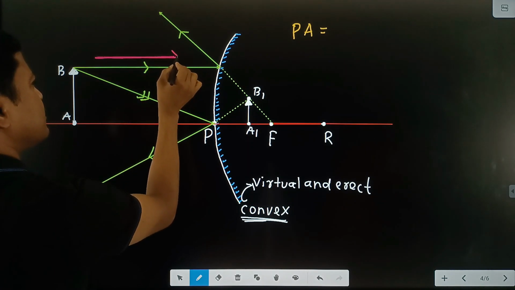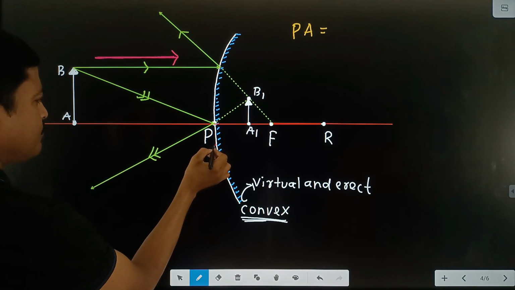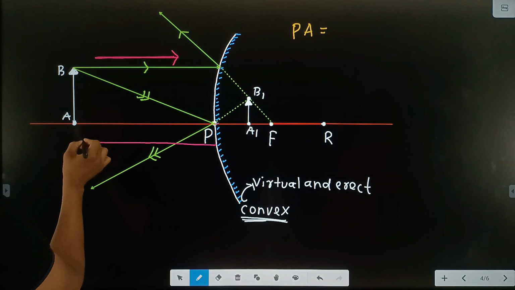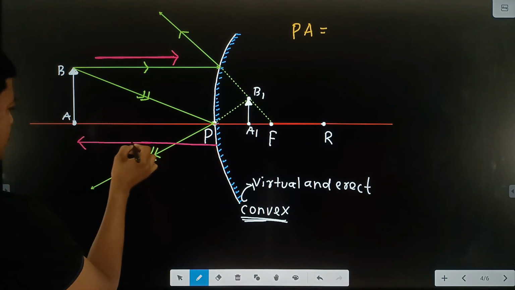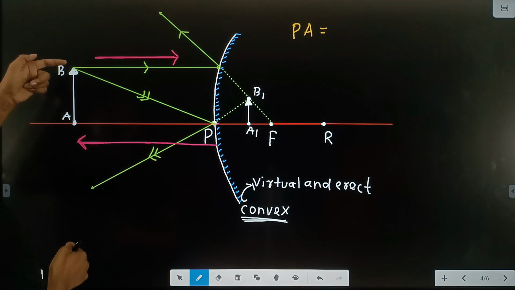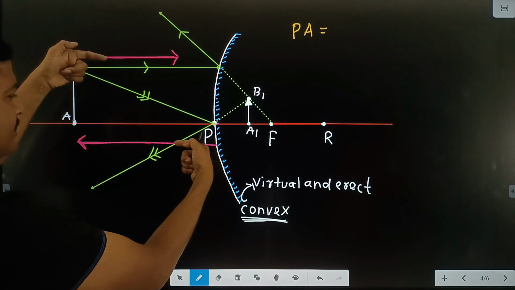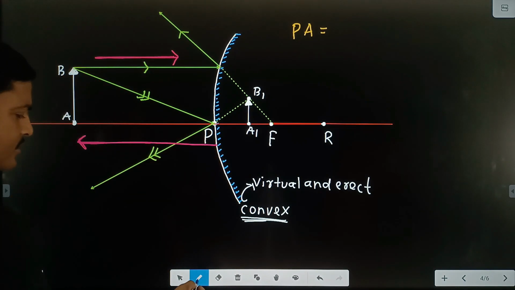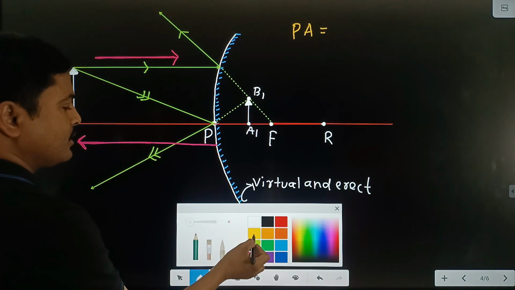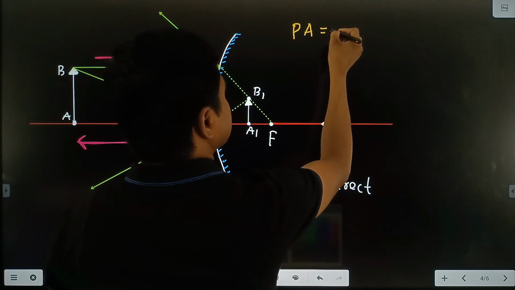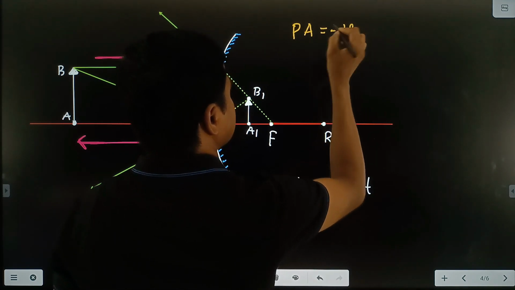This is the direction of the incident ray, and we measure P to A just opposite to the direction of the incident ray, so PA, the object distance, is negative.